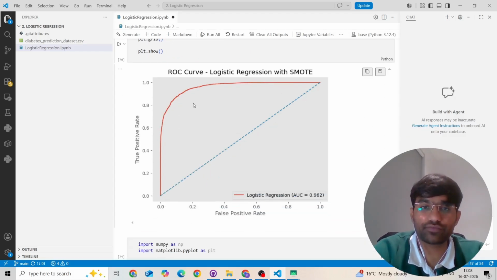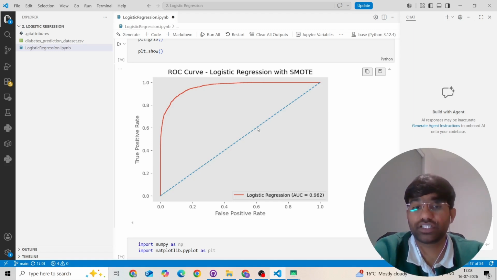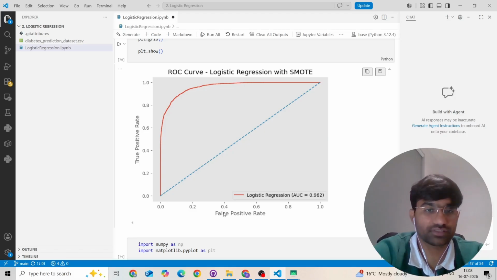See, it is away from the line. It has covered maximum area. That means the area under the curve is high, so the model is making good predictions. It is covering all the data points. The x-axis is the false positive rate and the y-axis is the true positive rate.